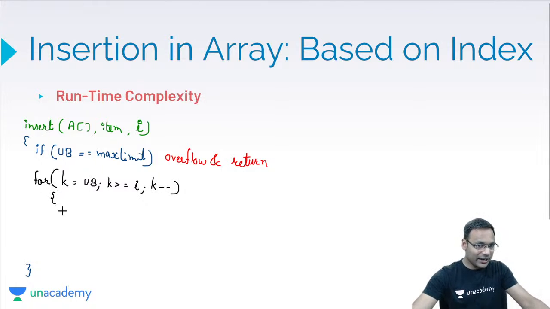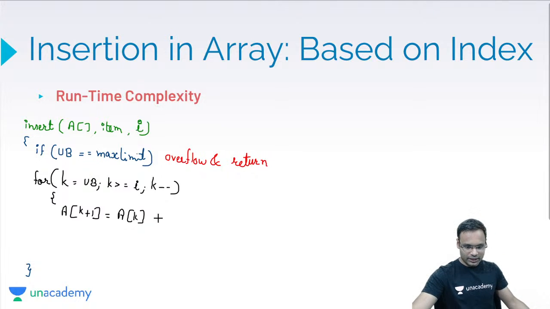Inside it I am writing shift the element from index K to K plus 1. Index K plus 1 in the array will have element at index K. Keep shifting.